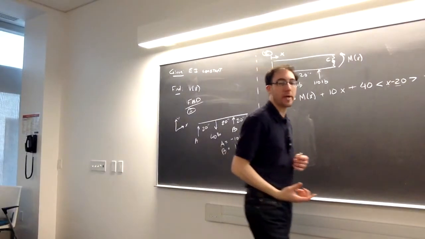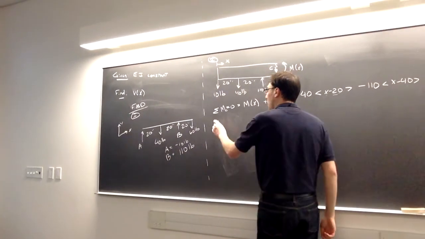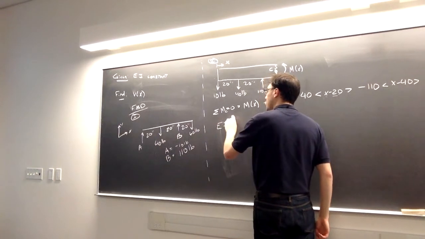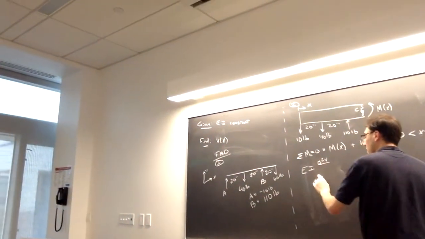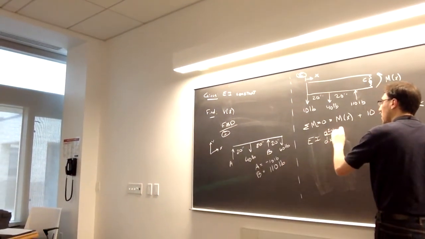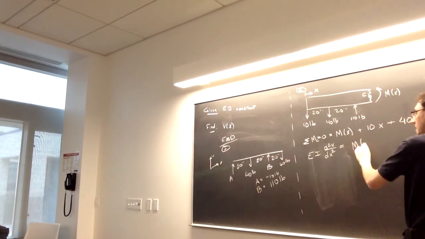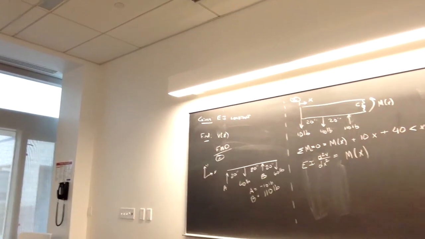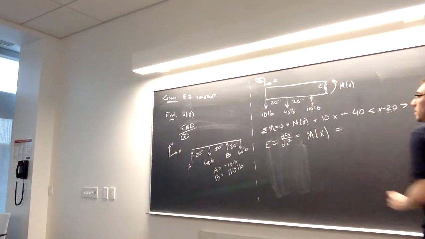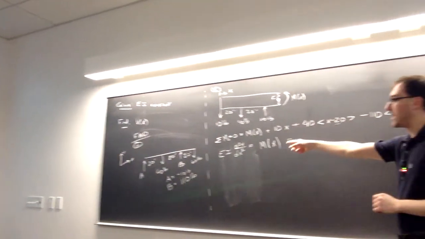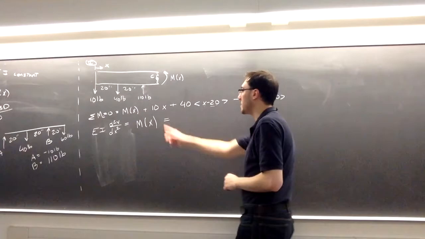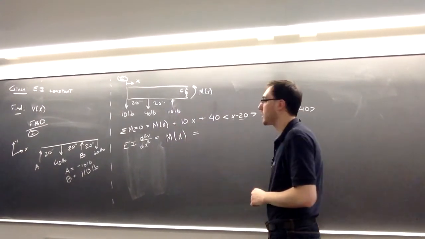So now we want to rearrange this because I want EI times d squared v over dx squared, which is the same as M of x. Which means I have to rearrange this and solve for M of x, which means I have to put everything else on the left-hand side.